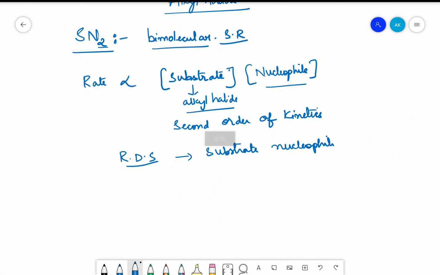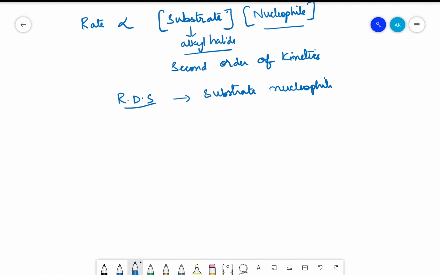So in this regard, we have an example where we have a primary halide which is represented as C, with a line in the plane, a broken line which suggests behind the plane, and a wedge shape which represents outside the plane, which is having Br.